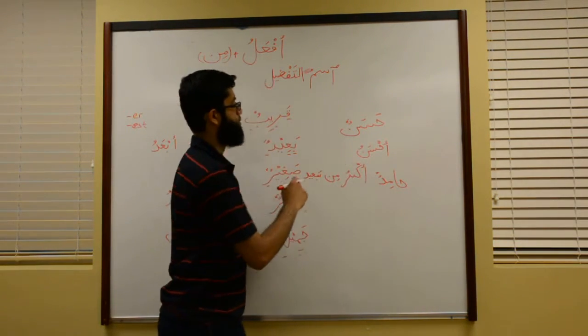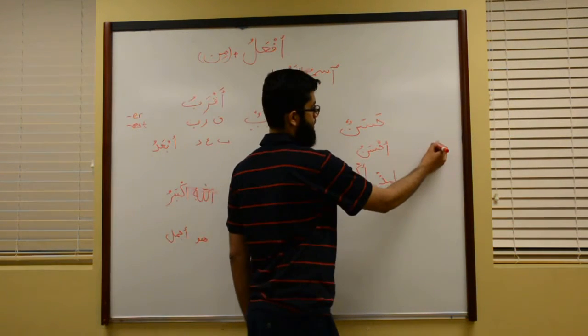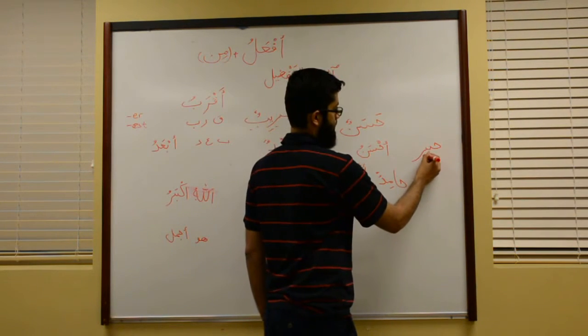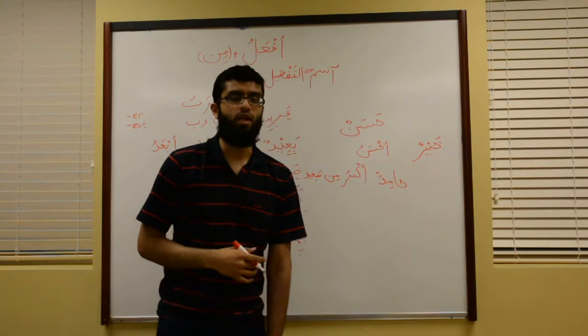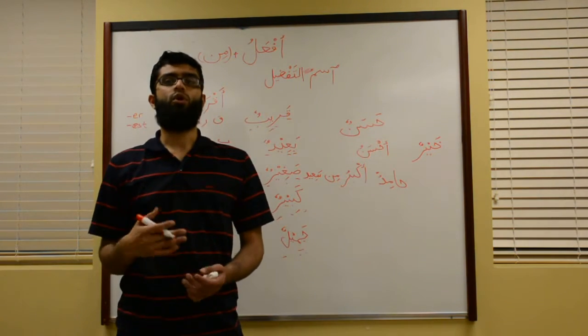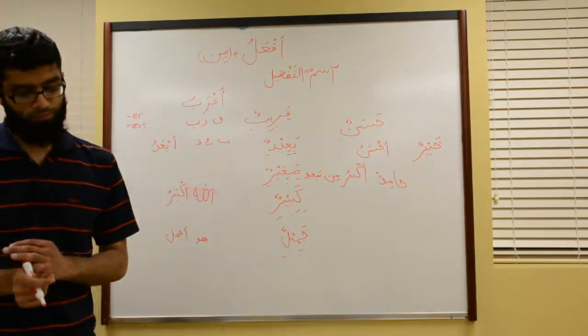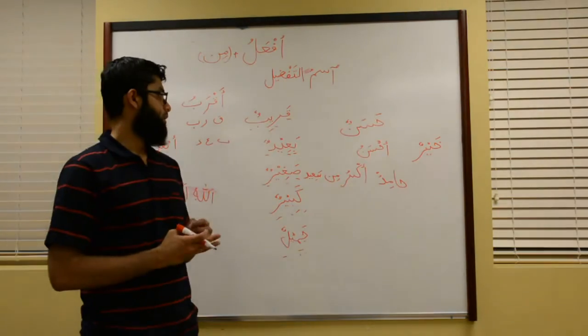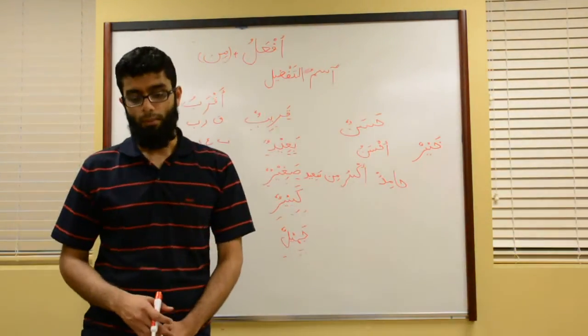So ahsanu is better. Also, there's another word. It's in the Quran. It's also just used regularly. Khayrun. In sentences, it can mean better. Like in the Quran, it says huwa khayrun lakum. Right. It is better for you. Okay. But we're gonna be using hasanun and ahsanu.